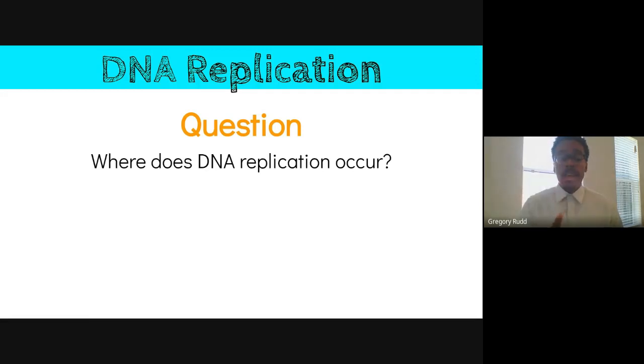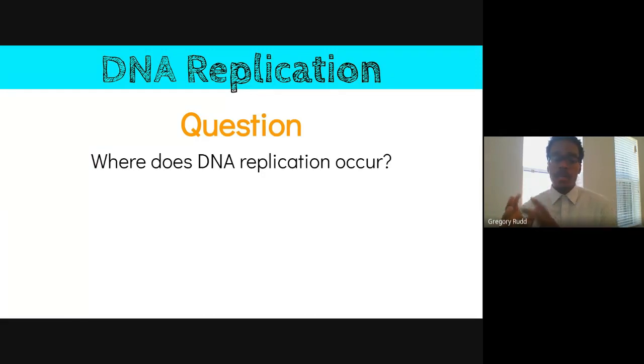Okay, excellent job, Jaden. So we know that it happens in the cytoplasm for one specific type of cell. But in another type of cell, where would it be happening? So that was 50% of the answer. What's the other 50%? Okay, so in prokaryotic cells, yep, that's where we have it in the cytoplasm.